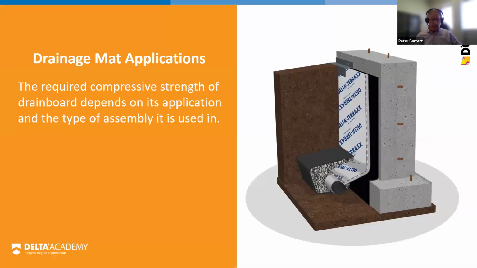So, drainage mat applications. The required compressive strength of drain board depends on its application and the type of assembly used. Two key examples that often get overlooked are the impact of soil weights on the drainage capacity and the required structural capacity, which is often much less than you might think.